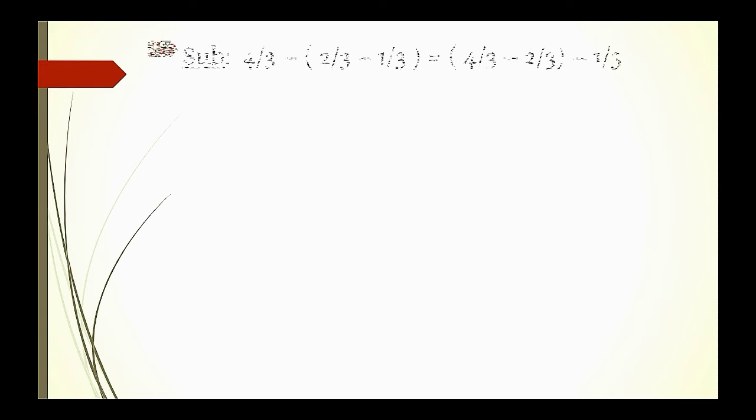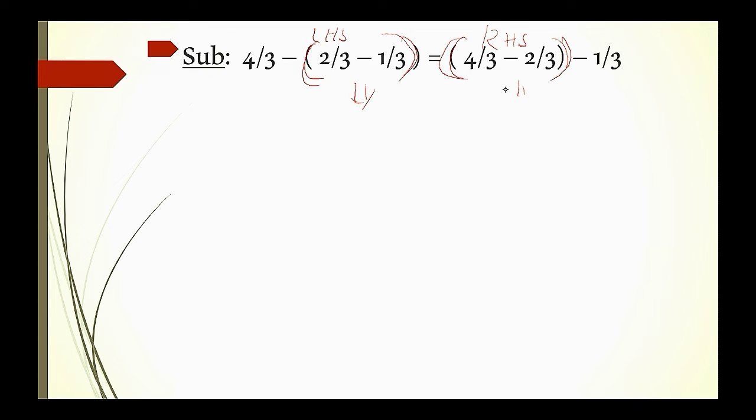Next, subtraction. When I subtract 4 by 3 minus 2 by 3 minus 1 by 3, I am moving the brackets. In one side the bracket is on the left, and in the other it is on the right. According to the BODMAS rule, we solve the brackets. When I solve 2 by 3 minus 1 by 3, I am getting 1 by 3.